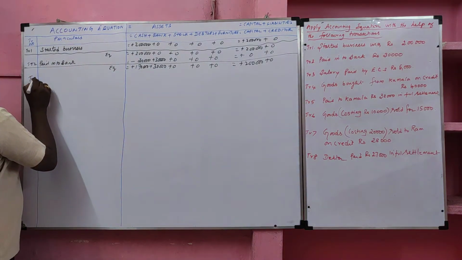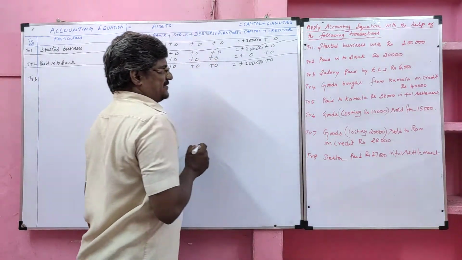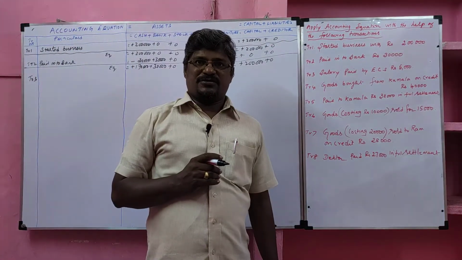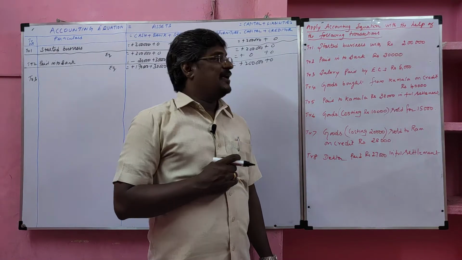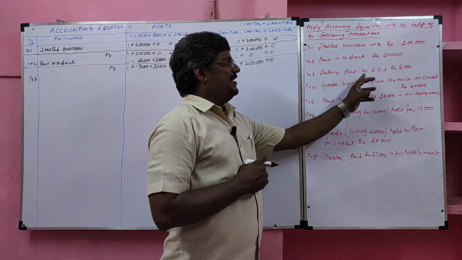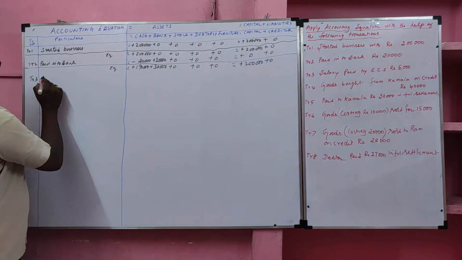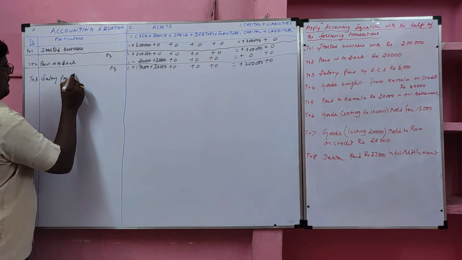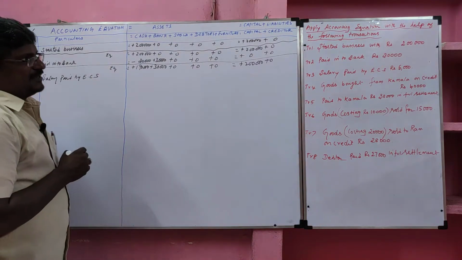Then transaction 3. Salary paid by ECS, rupees 5,000. Salary is a nominal account. It will affect cash and capital. ECS is electronic clearing service.